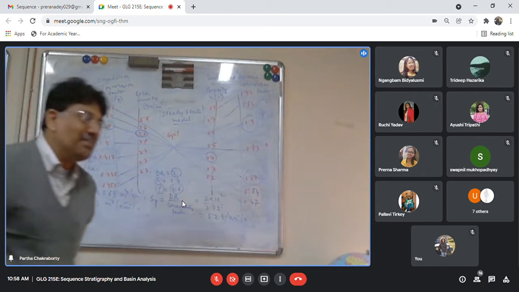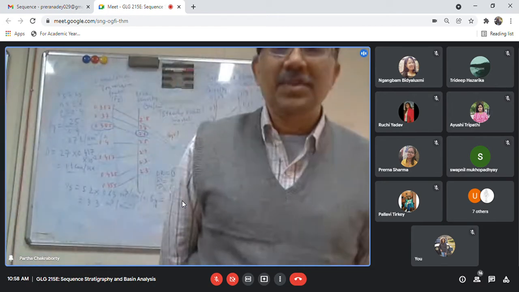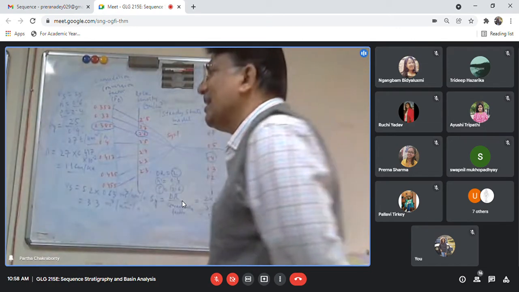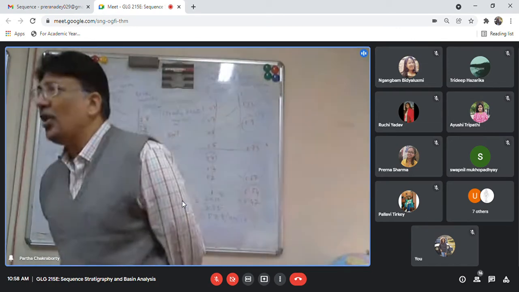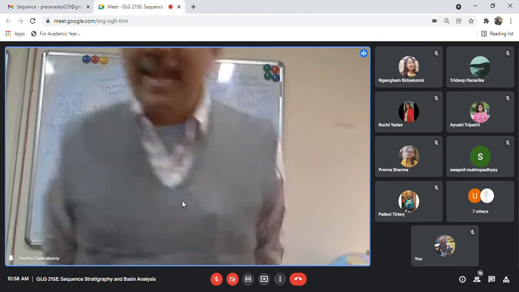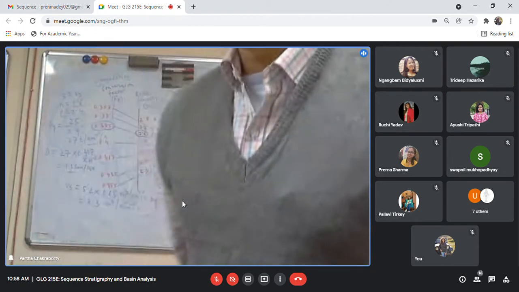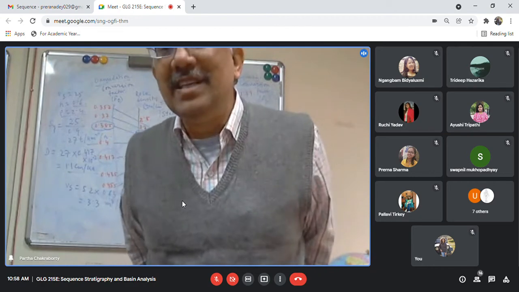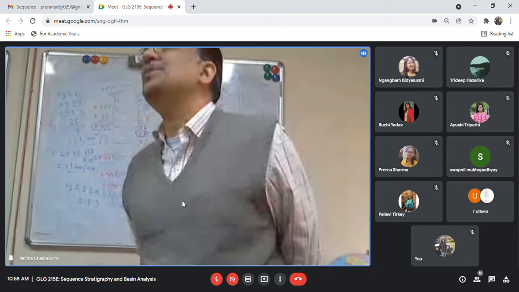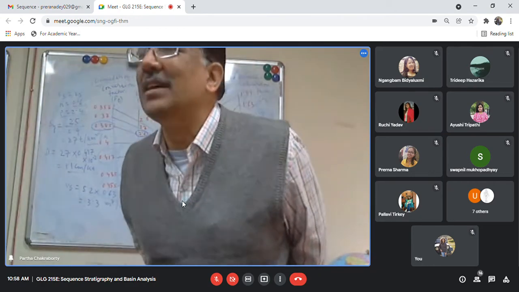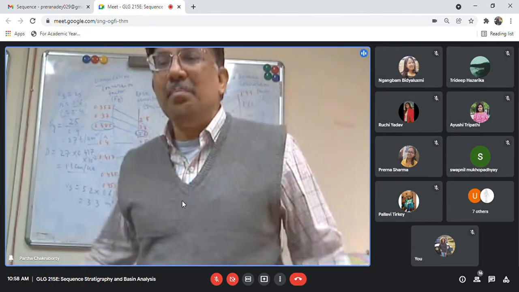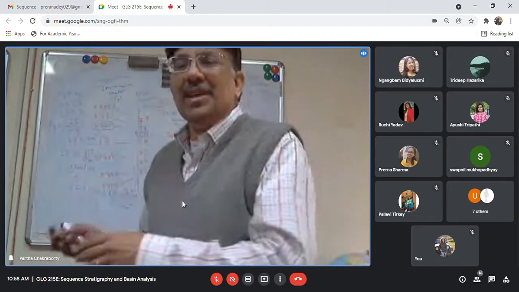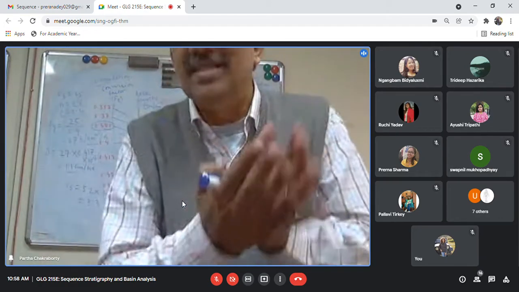So how many analyses are required? That depends upon your prejudice and your experience about the area. I am denuding an area which may have a mean density like this, or I am getting sediments being deposited which have a mean density. You are not taking a sandstone density or a shale density, you are taking a mean density.